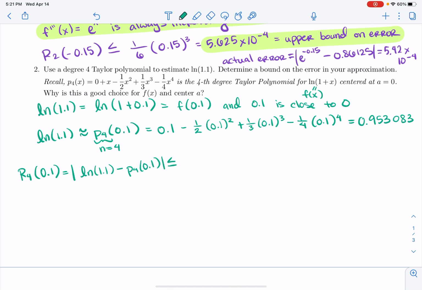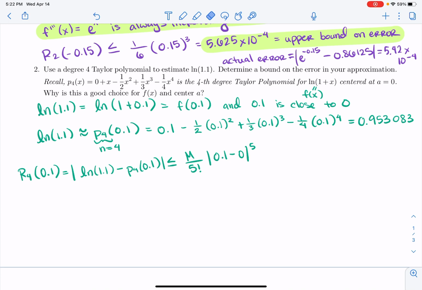And we are guaranteed that's less than or equal to M over n plus 1 factorial, which is 5 factorial, times the difference, 0.1 minus 0 to the 5th. Again, those two are just numbers, so we need to figure out what M is. Oh, and here we're going to want to go back. Let's see. So what we found, I'm going to look at my notes.